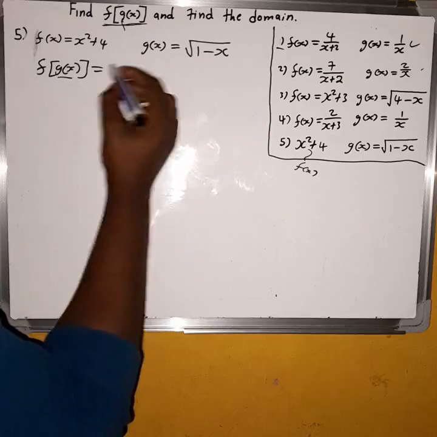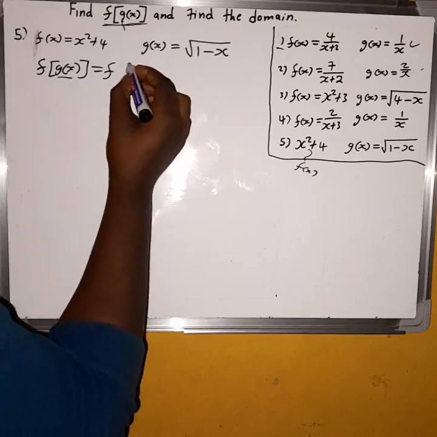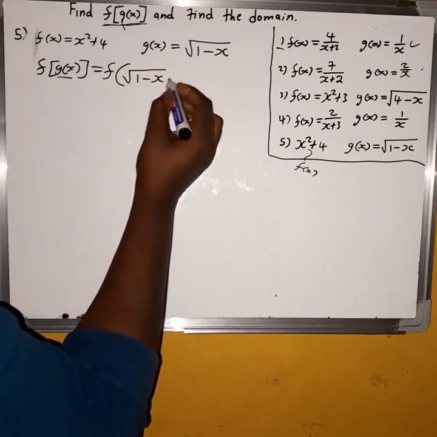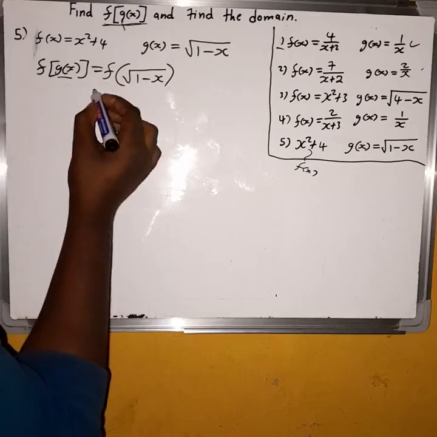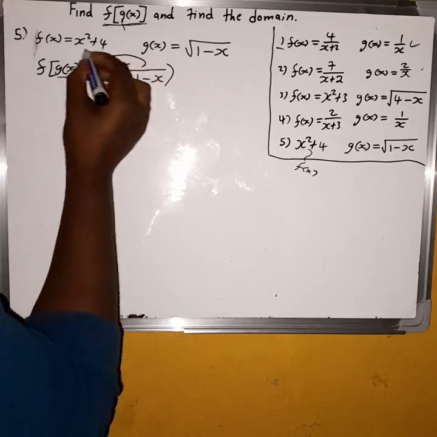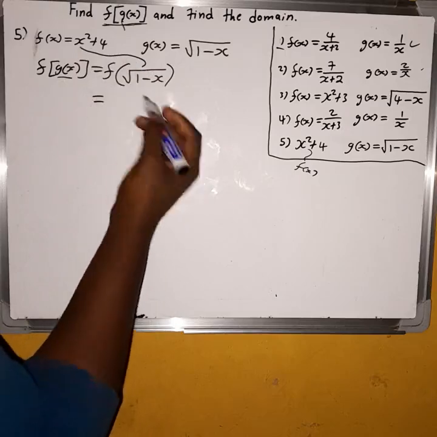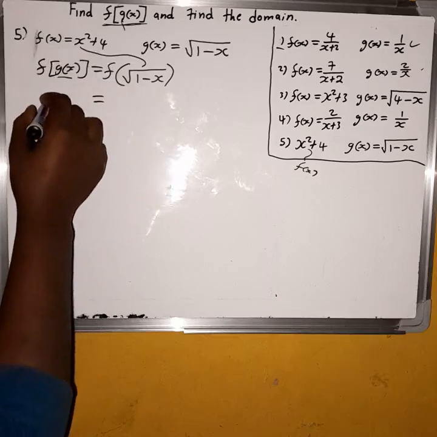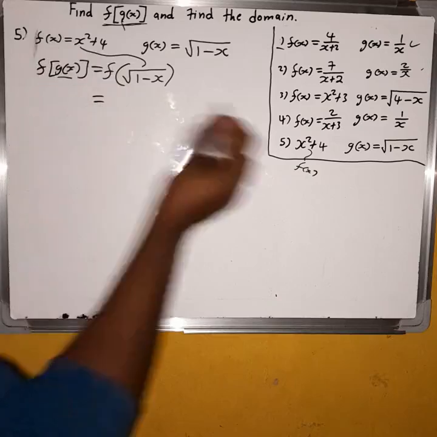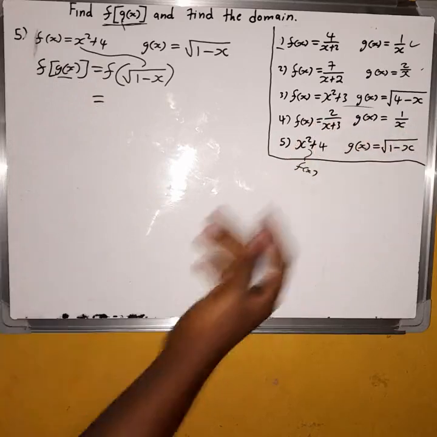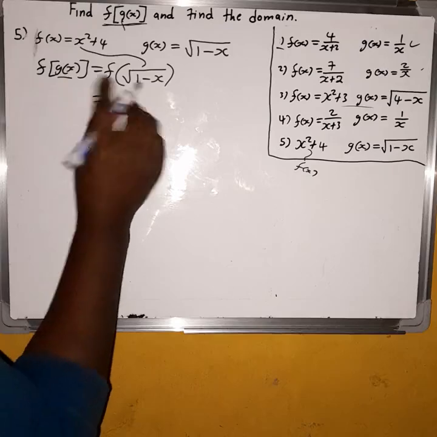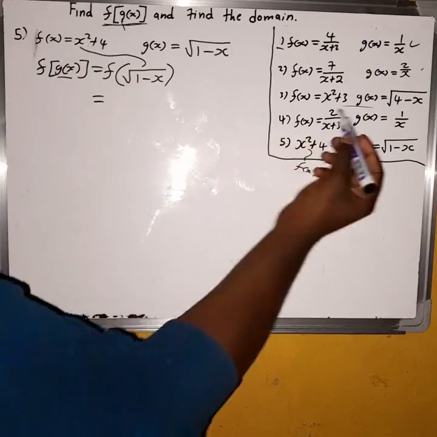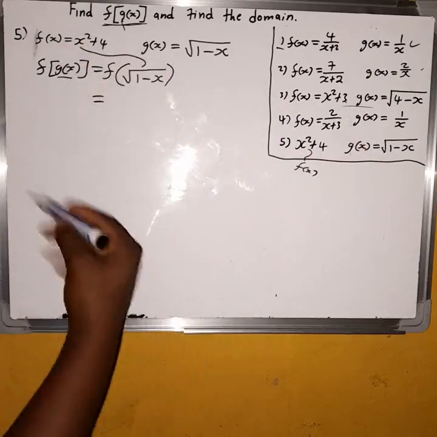Substitute this, then it will be f of 1 minus x like that. If we replace that there, this is almost the same as this thing, right? They are slightly different, the difference is that here is 3, here is 4.